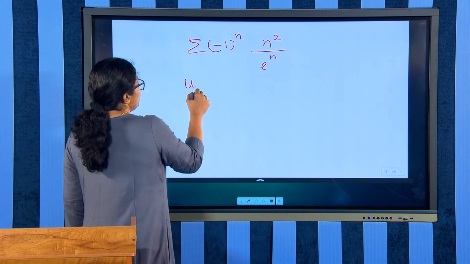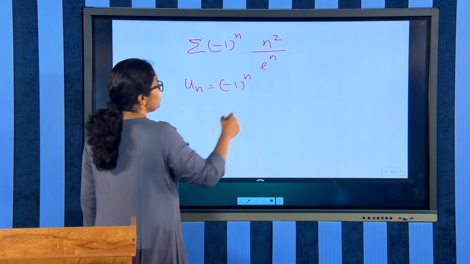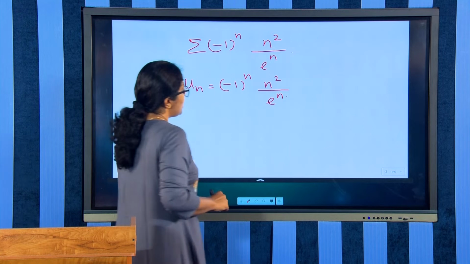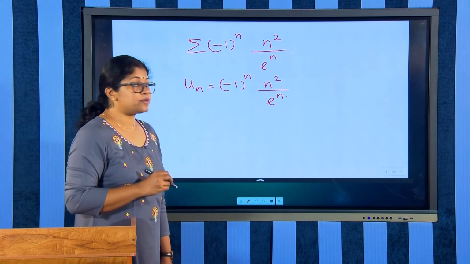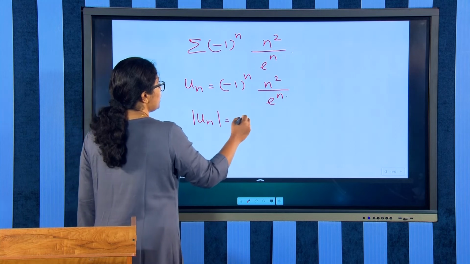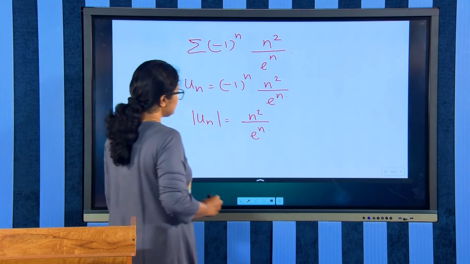Here you will take u_n to be the entire term, (-1)^n n^2 / e^n, and when you take the absolute value, you will get modulus of u_n equal to n^2 / e^n.